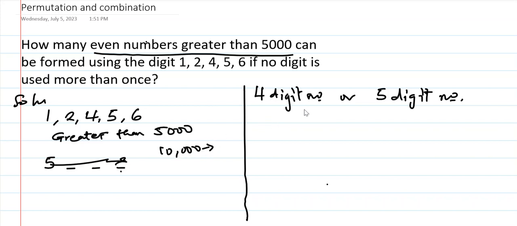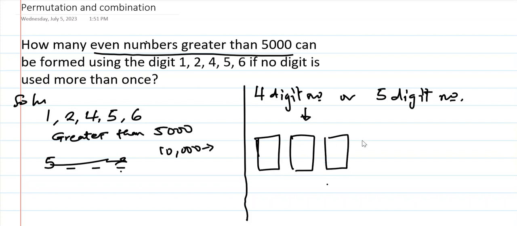So when it's a 4-digit number, what is the condition? We have 1, 2, 3, 4, right? So over here, it must be an even number. So even number, so I'll say 2, 4, 6, right?